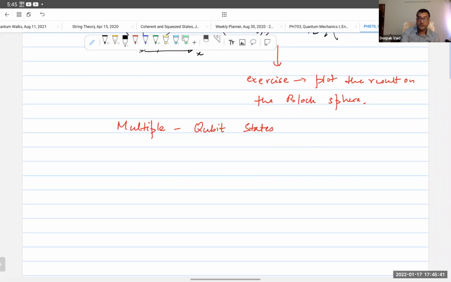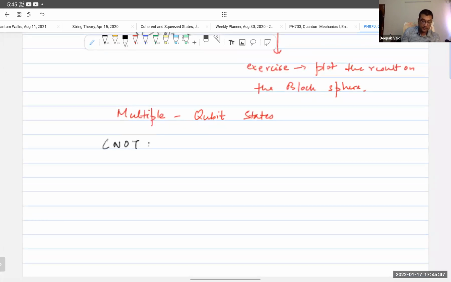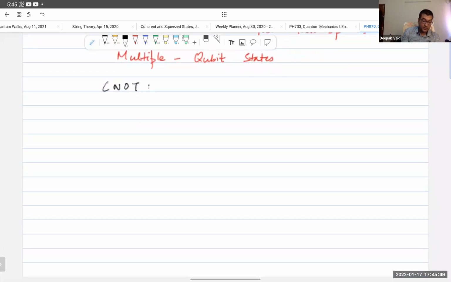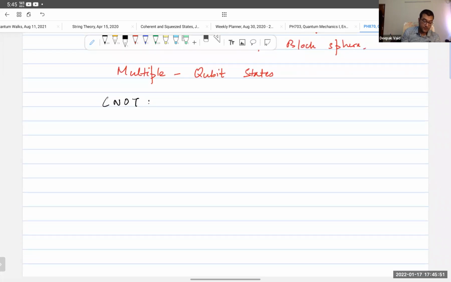The most important multiple qubit gate, in the sense that it's used most often, though some people might argue it's not necessarily the most important one, is called the CNOT gate. The C stands for controlled.